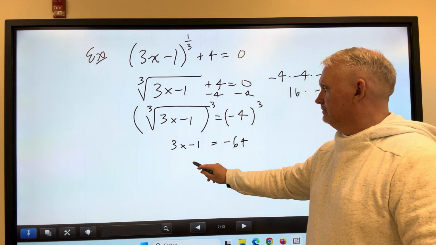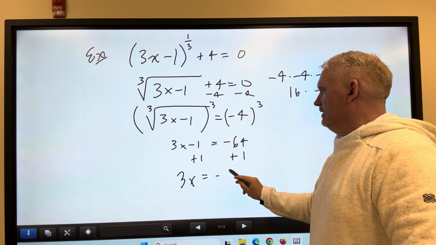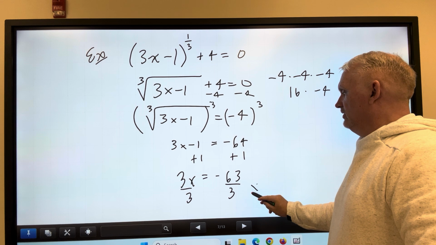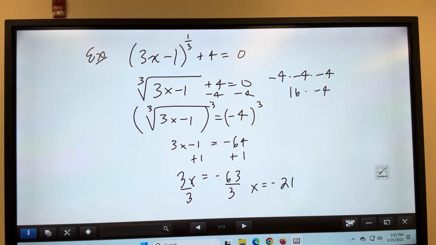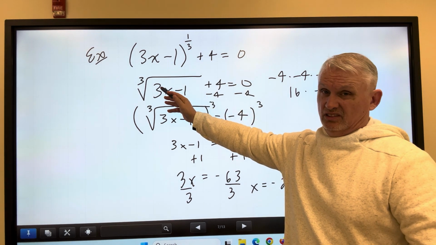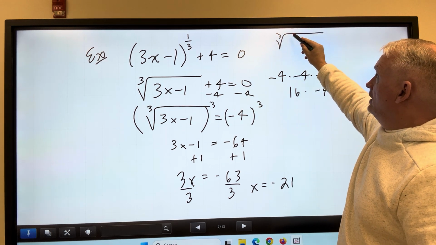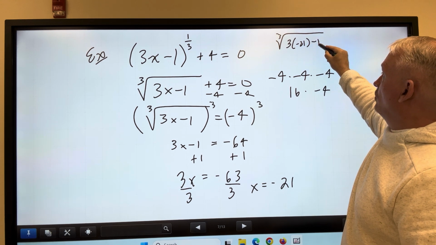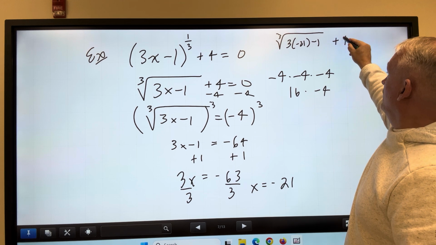Solve it. Add 1. 3x is equal to negative 63. Divide by 3. x is equal to negative 21. Well, let's try it. I'm going to try it in here because this is what we're kind of working with. So this says the cube root of 3 times negative 21 minus 1, plus 4 equals 0.